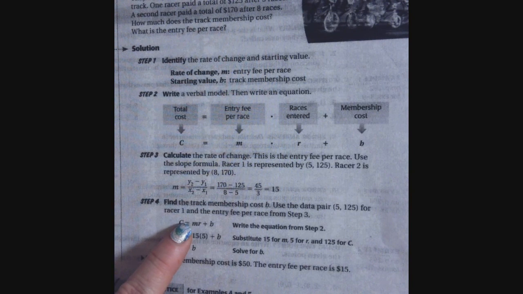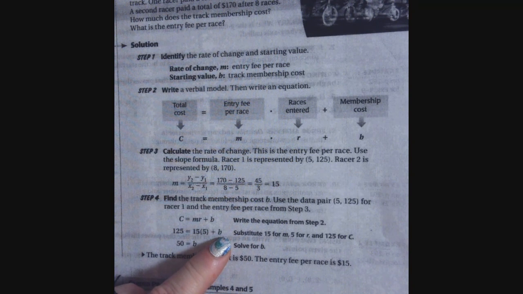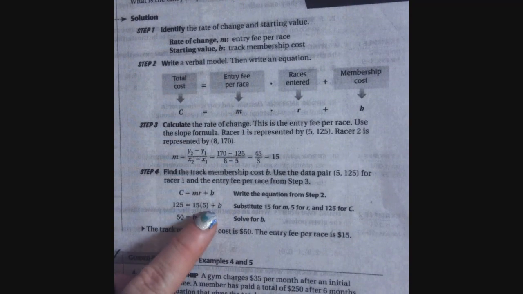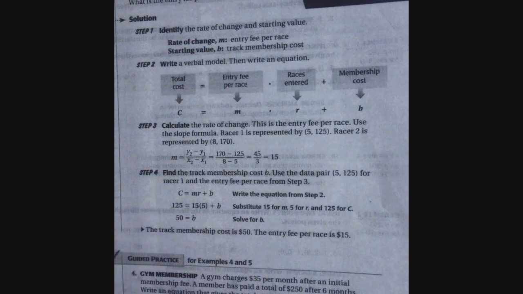We know the slope is 15, and we know that this person did 5 races plus B, and that will help us to find the initial fee. That's the initial fee that you pay just to join the racing before you've even done any of the races. So again, you're going to work it all out. 15 times 5, I think, what is that, 75 from 125. So B is 50. So there you go.